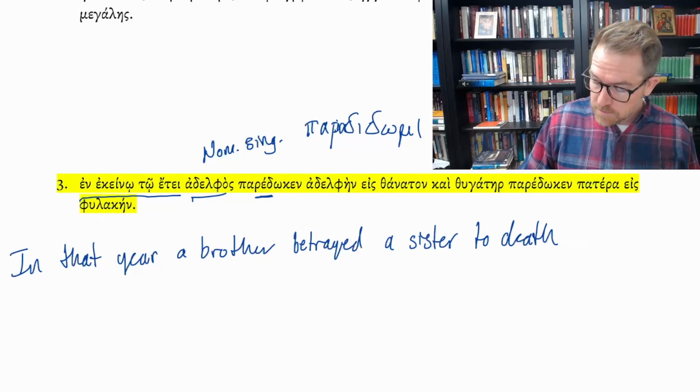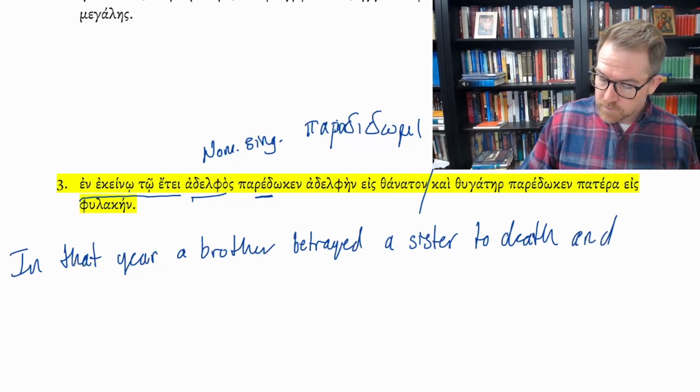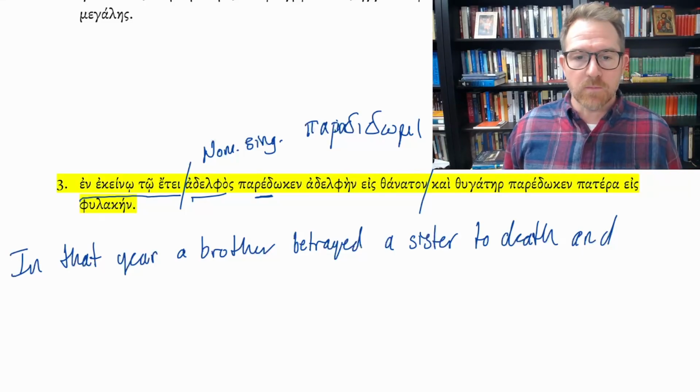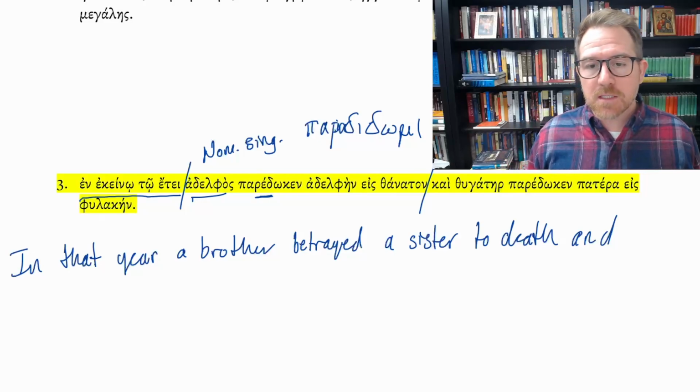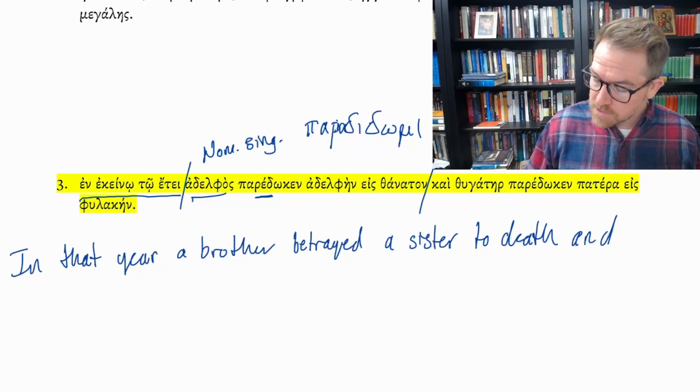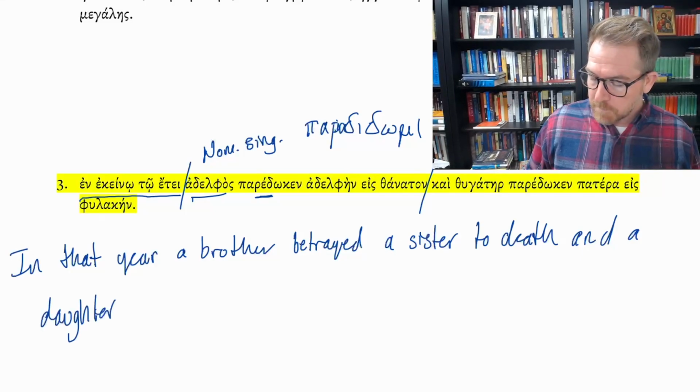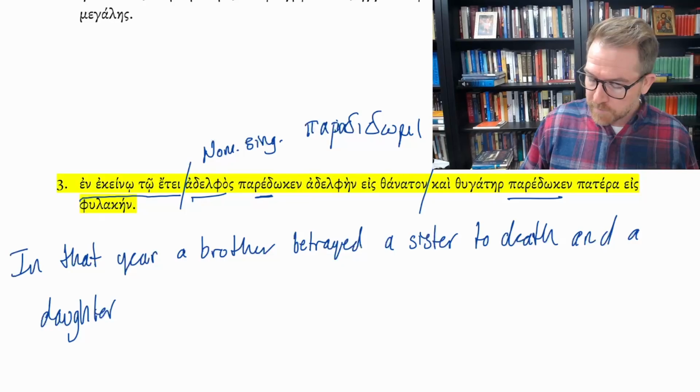Kai, and, so we have this first clause, in which en ekeinō tō etei is that prepositional phrase. It's telling us when a brother betrayed a sister. It was in that year. And kai thugatēr, and a daughter, paredōken, again, a form of paradidōmi.